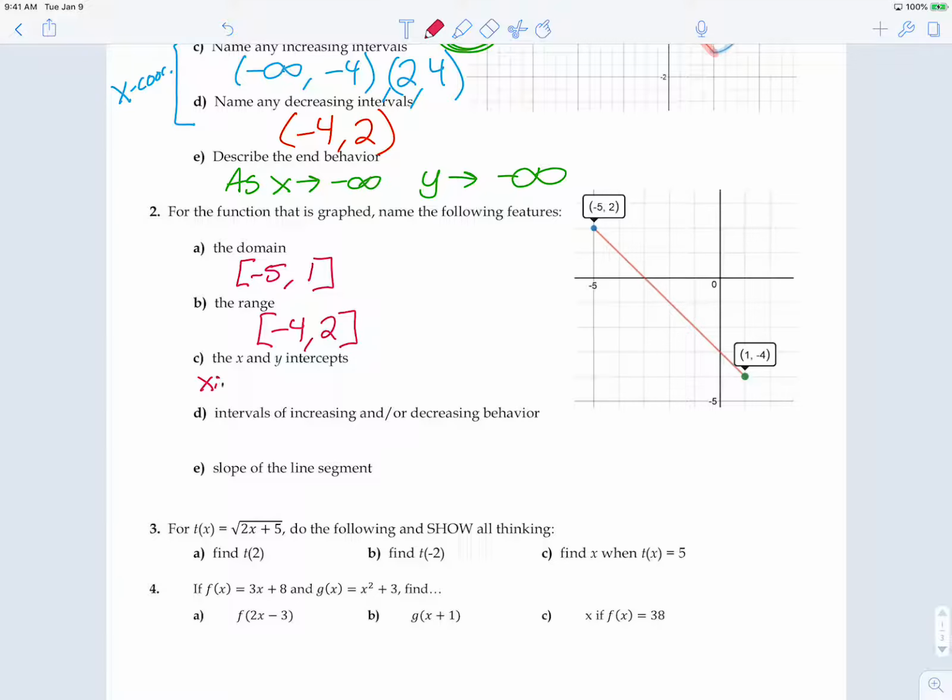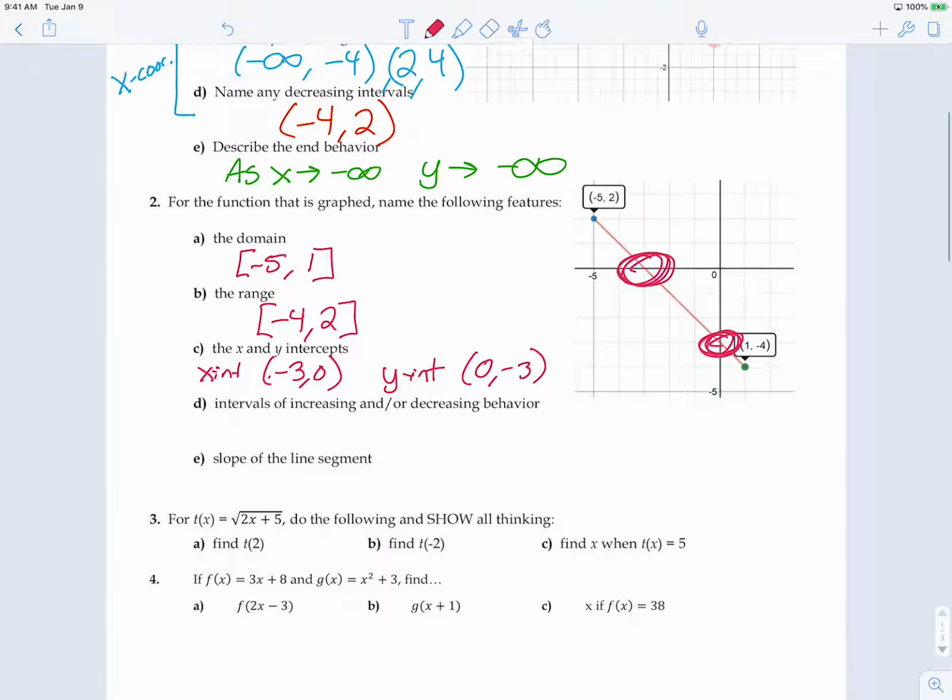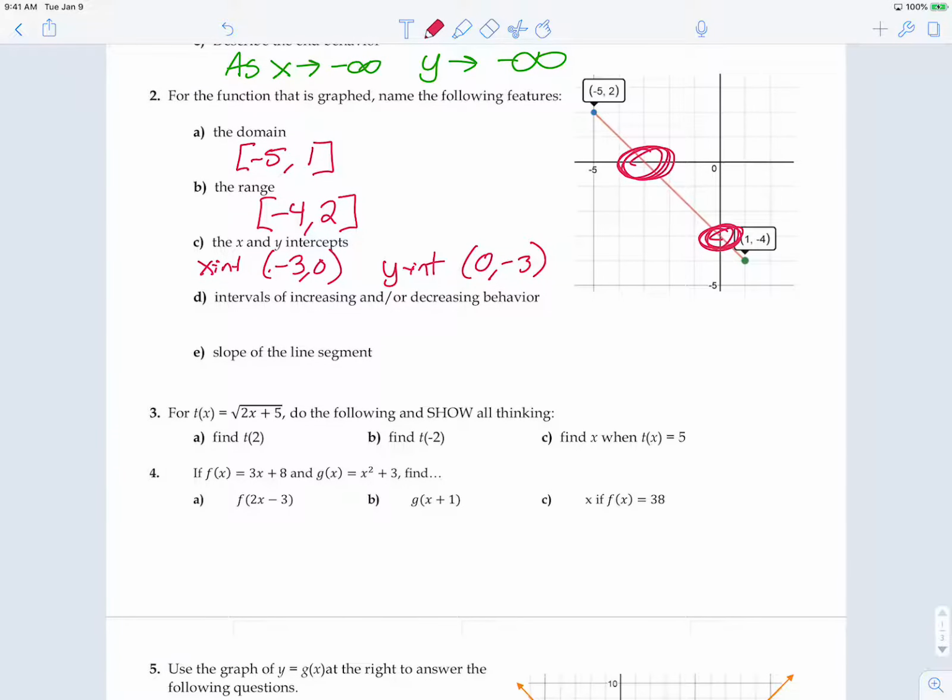For the x-intercept, it crosses the x-axis at negative 3, 0, which is right there. The y-intercept is at 0, negative 3, which is right there. Make sure you look at naming the x and y intercepts using context.